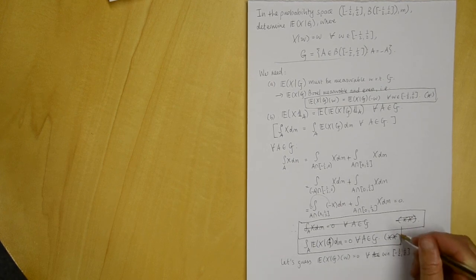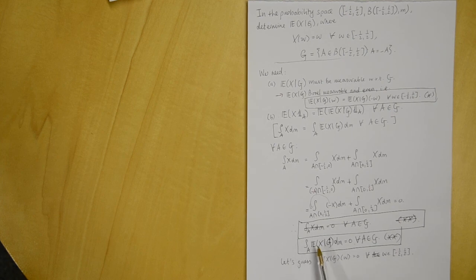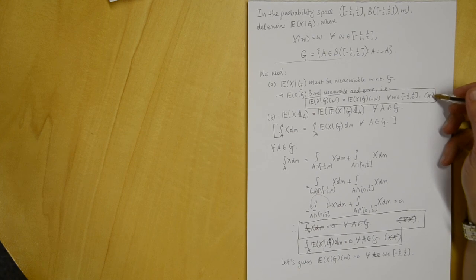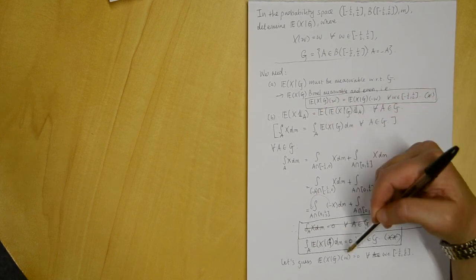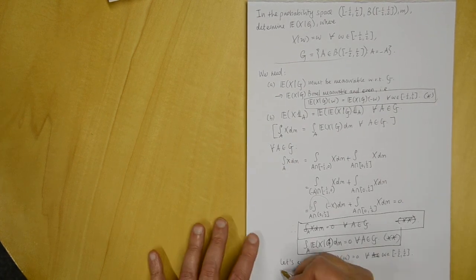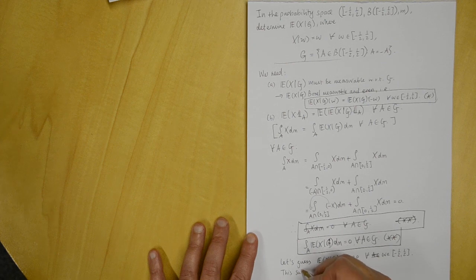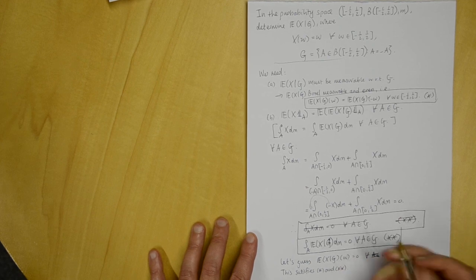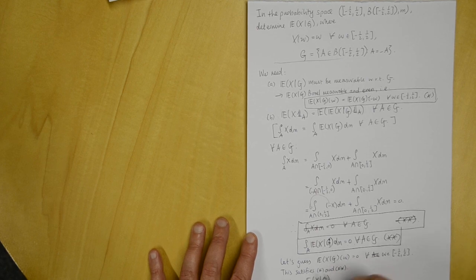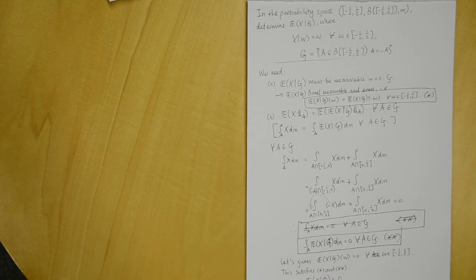Does it satisfy the second property? Yes, it does, because the integral of 0 is always 0. Does it satisfy the first star? Yes, it does, because the left hand side, under this definition, is 0 and the right hand side is 0. So this satisfies star and double star. Therefore, the conditional expectation of X given G is a constant, and in fact it is 0.